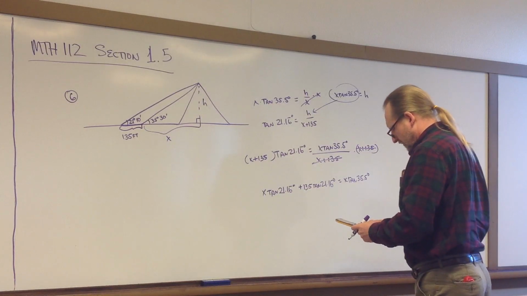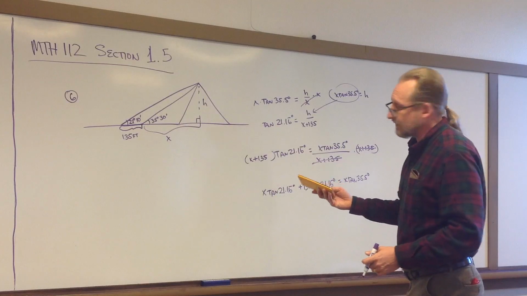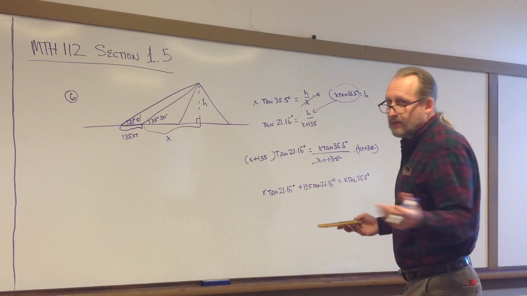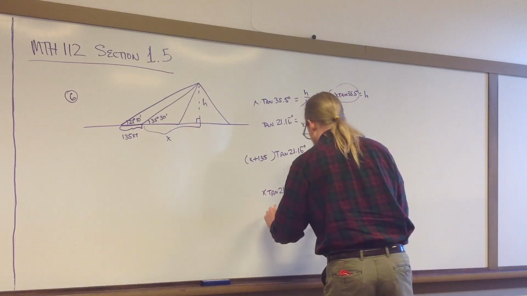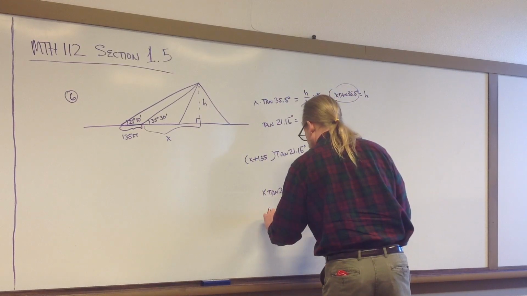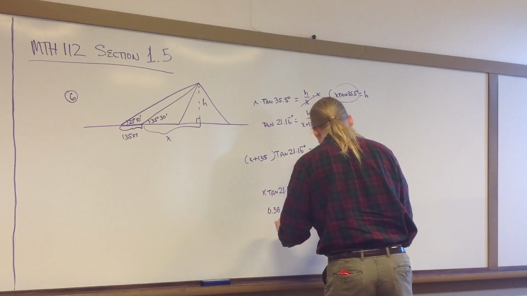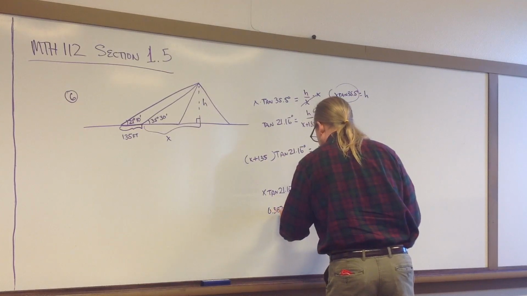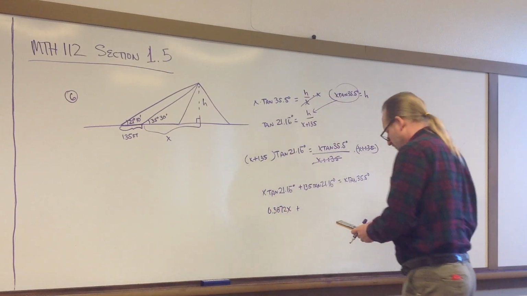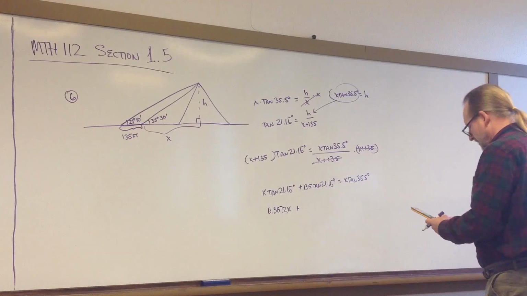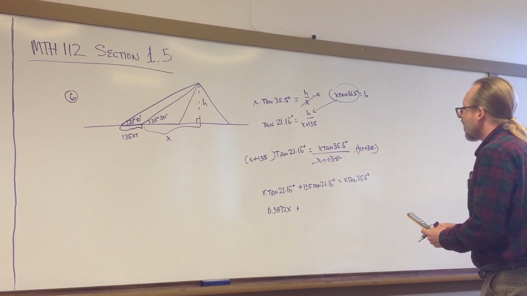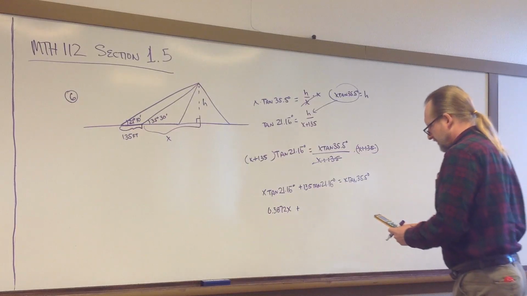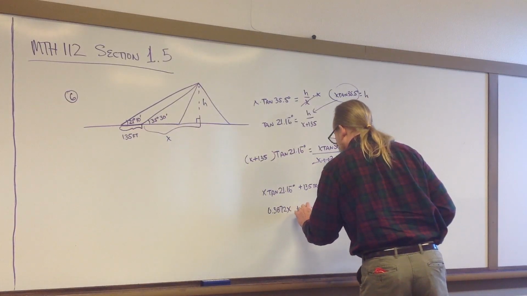Okay, so tangent 21.16, and I'm just going to hit that 6 a bunch of different times. You know, get at least 6 or 7 of them in there, and then we'll get a good approximation. 0.3872 times X, and then 135 times the tangent 21.16 repeating, and that's 52.27.